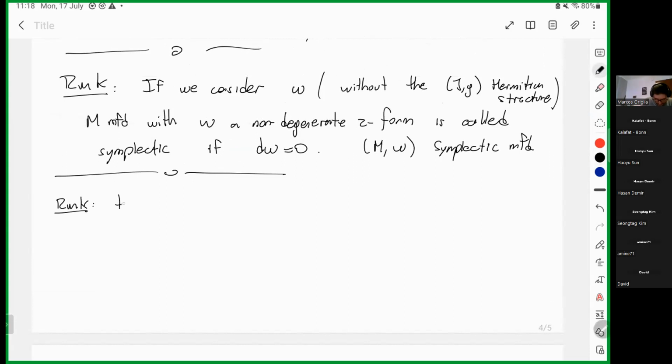So the thing is, any two out of these three determine completely the third one.